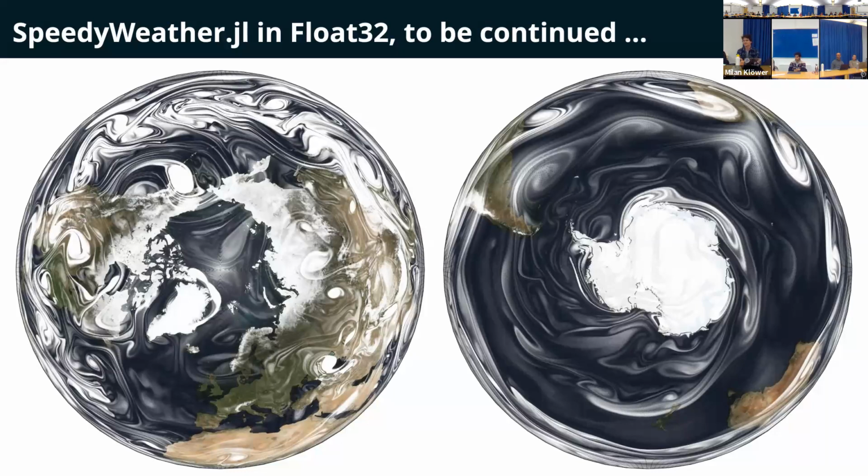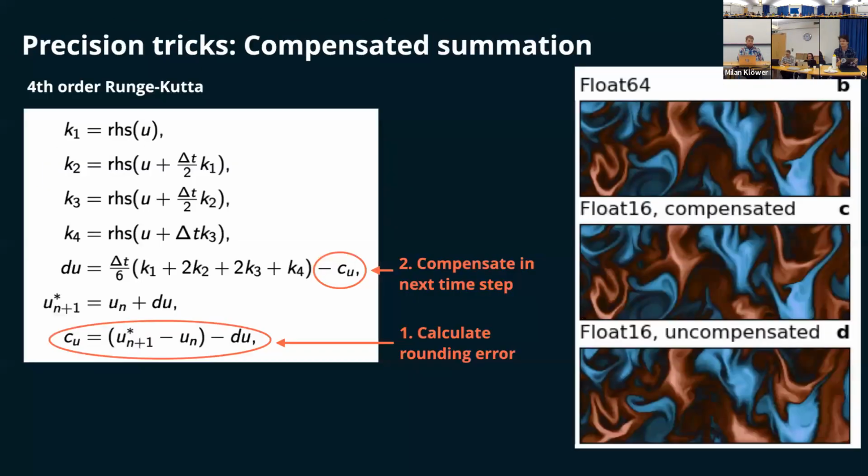People have done things where they go down to single precision or lower, and the pictures look good for maybe a day or a week, but all those little bits at the end of the numbers start to accumulate one way or another, and then they blow up. So I was wondering, have you run longer simulations and seen that it remains stable?